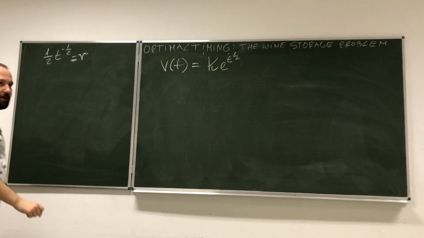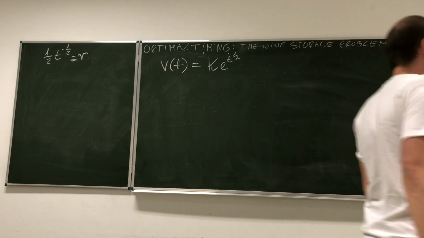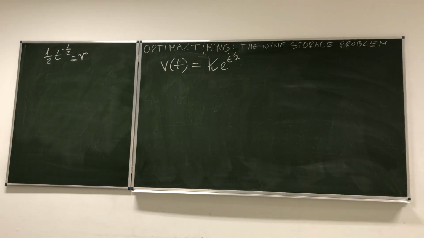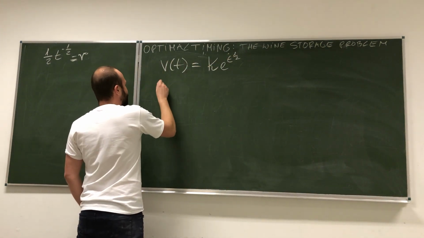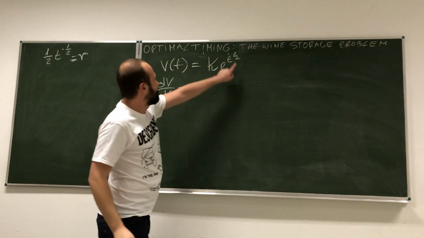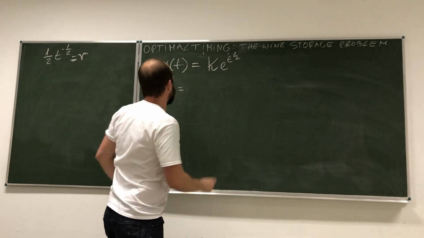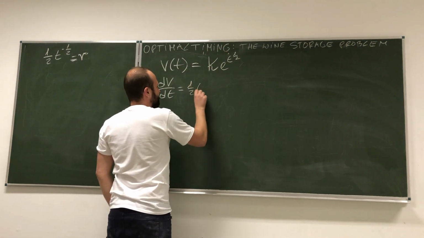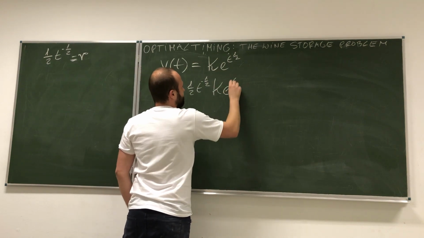And now look, let's find the growth rate of this function. There are two ways. We can do it step by step. So I can simply calculate the derivative of v with respect to time. Simply I get a derivative of this expression up front. So I get 1 over 2 t to the power negative 1/2. And I can write the rest.